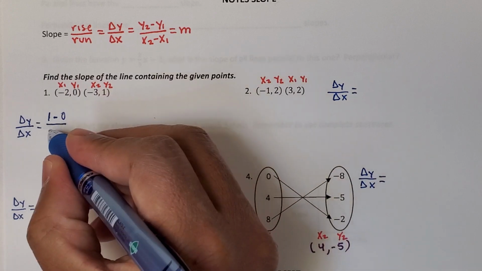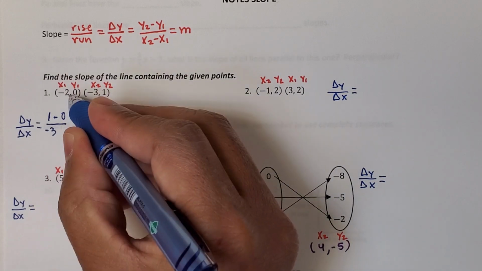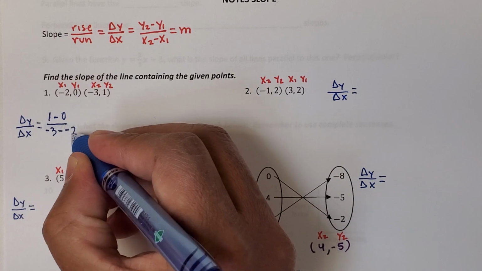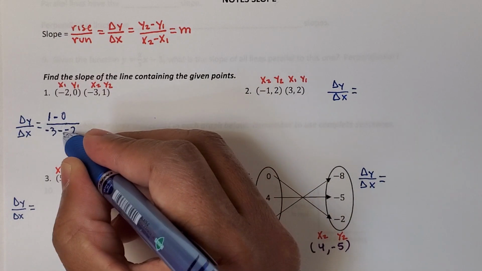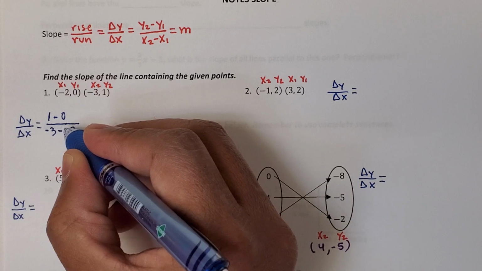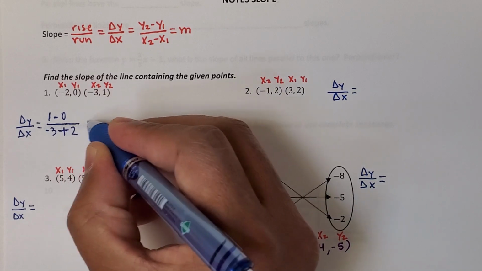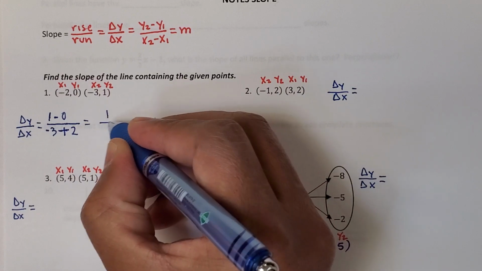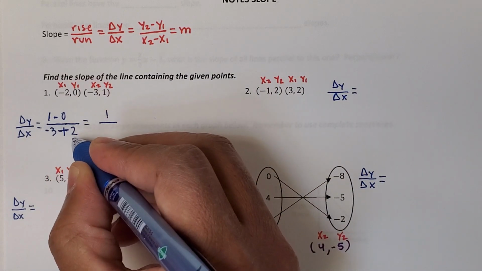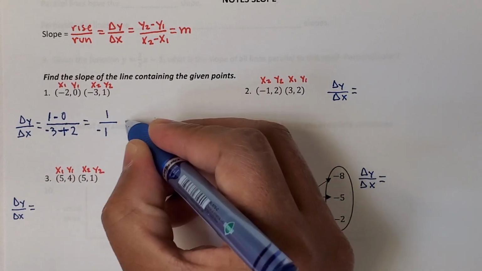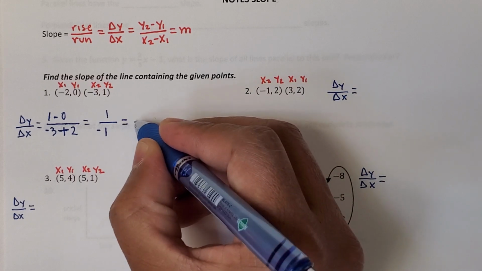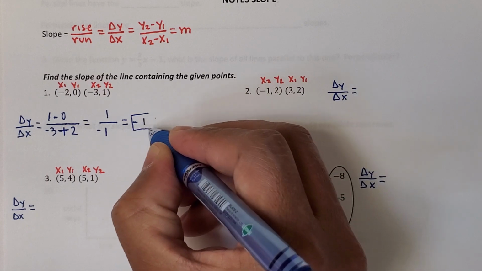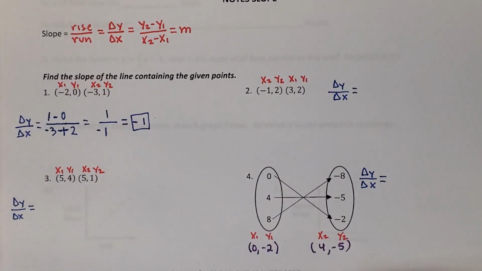And then x2 is negative 3, and x1 is negative 2, so minus a negative 2. Don't forget, if you have a negative in front of a negative, that's going to turn into a positive. So then 1 minus 0 is 1, and negative 3 plus 2 is going to be negative 1, and 1 over negative 1 simplifies to negative 1. So the slope of this line containing these 2 points is negative 1.